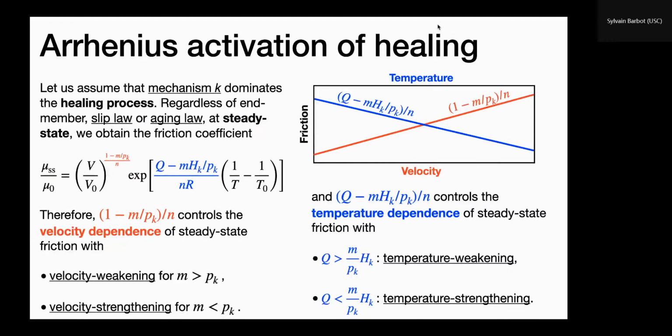Any mechanism of weakening at steady state can create an instability. And so if you are velocity strengthening, you can still nucleate slow slip events, for example, as thermal instabilities. So the system predicts more weakening mechanisms than purely rate dependence.